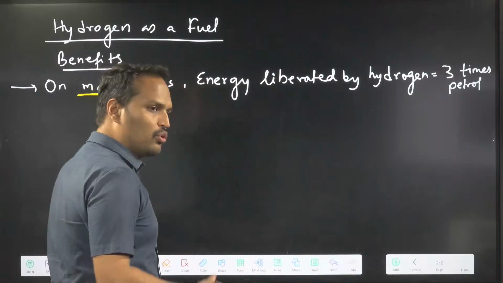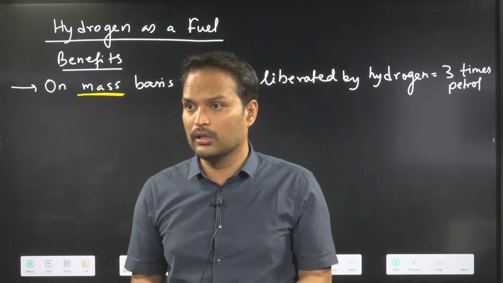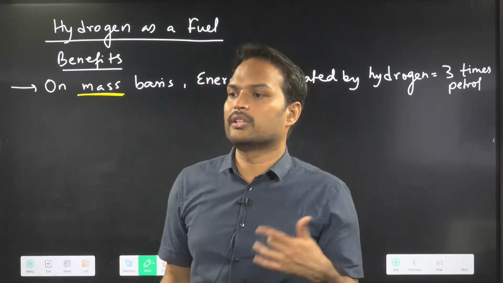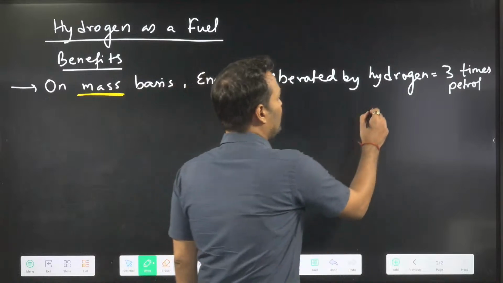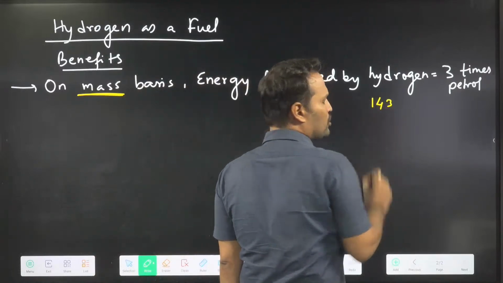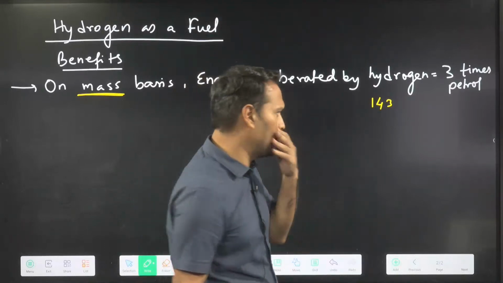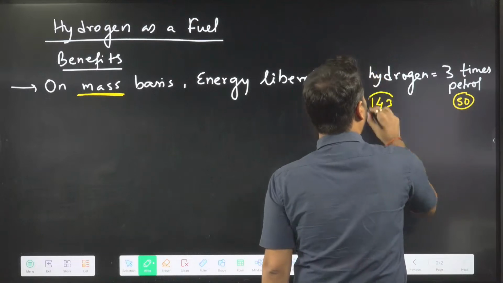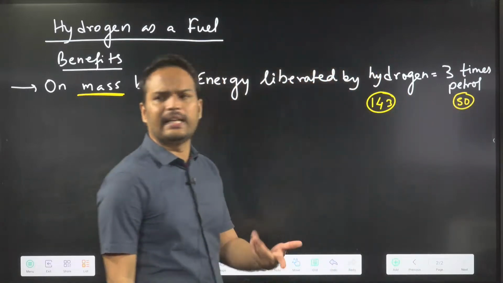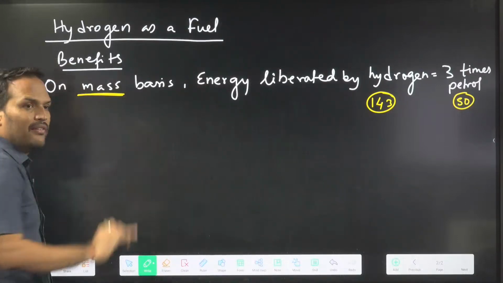I have told everyone to open NCERT also, so that you can see this; read NCERT once during the class itself. So it is 3 times. The data is approximately 143 for gas, 142 for liquid, and here we have around 50 approximately. So you can see this is 3 times. So one benefit is there, very good.